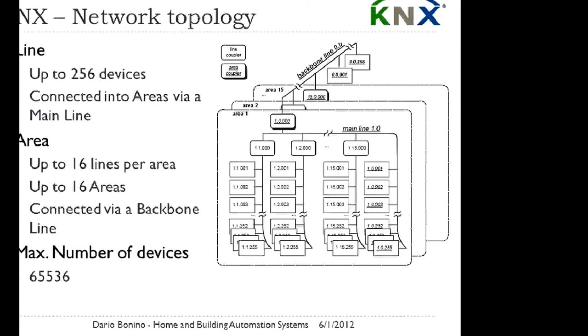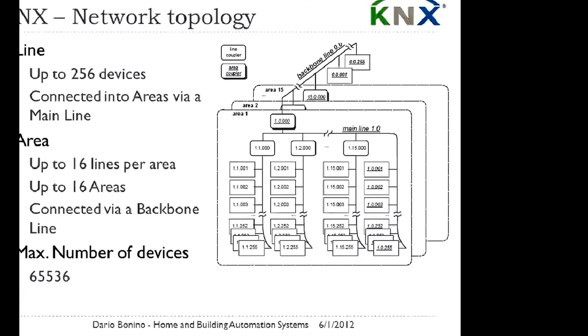They are connected in a topology which varies depending on the network technology, but they form a single line. And a single line is identified by an individual address having the first two numbers equal. So you see here, for example, 1, 1, and then changes. 1, 1 means area 1, line 1.